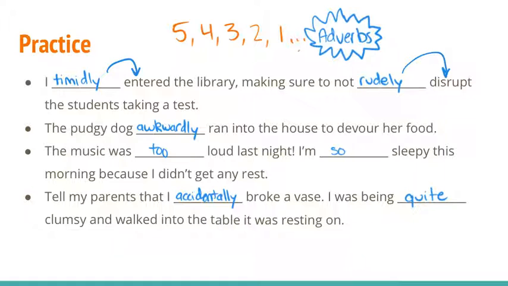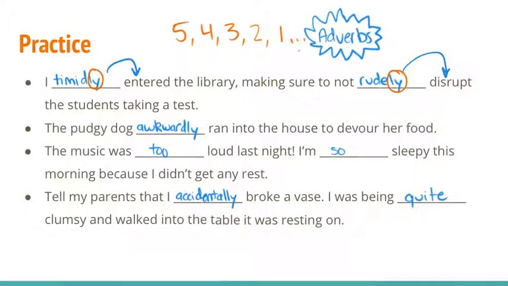Timid, that's an adjective, but timidly, that's an adverb. Rude, an adjective. Rudely, that's an adverb. So here we're still seeing that conversion of adjective, a simple noun's best friend, a simple way to describe a noun, and then changing it by adding ly to help describe adjectives or verbs.